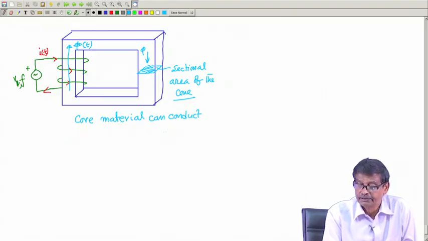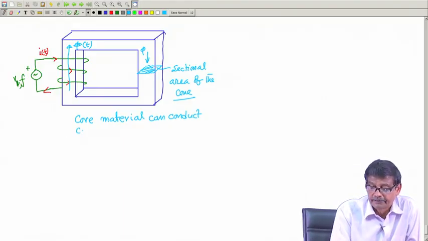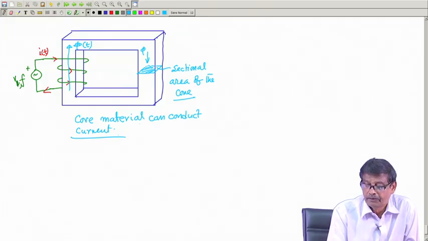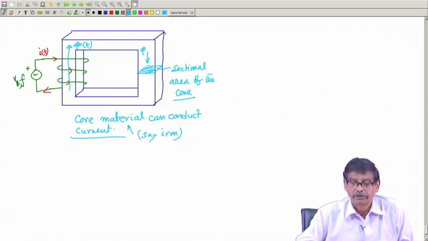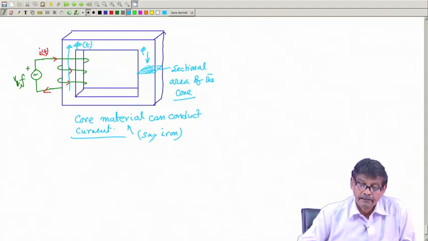Core material means iron or ferromagnetic material, so it is a conductor of electricity.